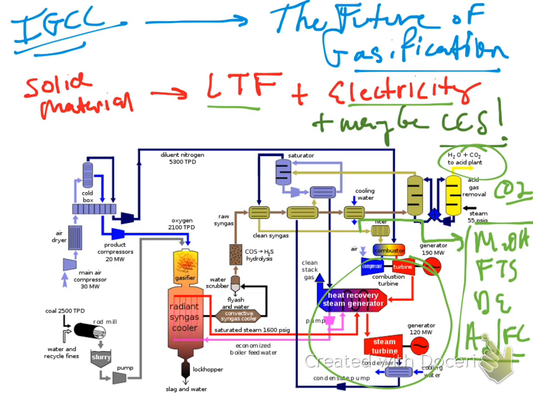So this is truly the robustness of gasification and this Integrated Gasification Combined Cycle, IGCC, that really is the next wave of energy generation, especially if carbon capture and storage is used. Because if CCS is used, then we can sequester almost all of the CO2 produced. Of course, it is more expensive.